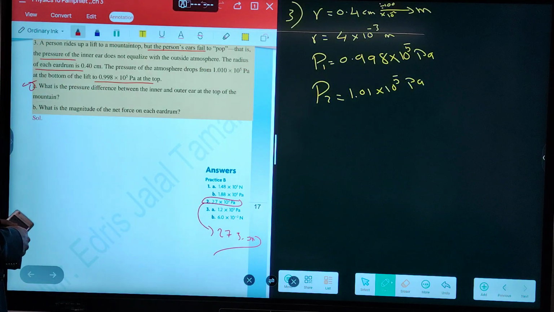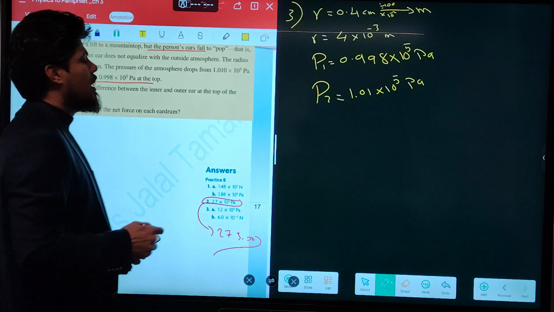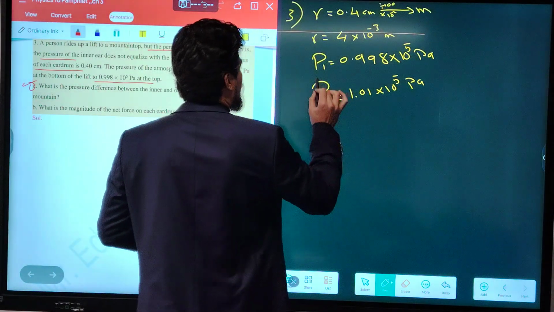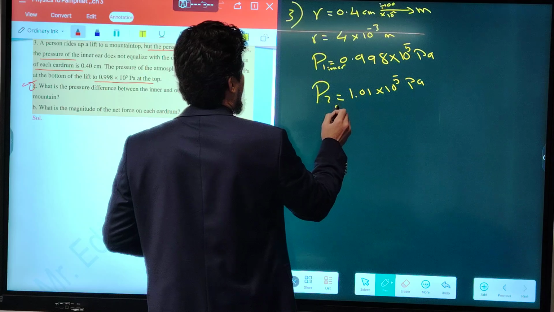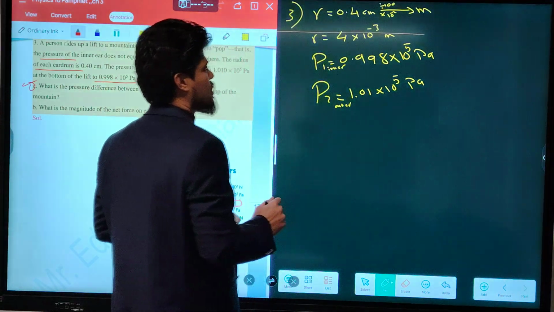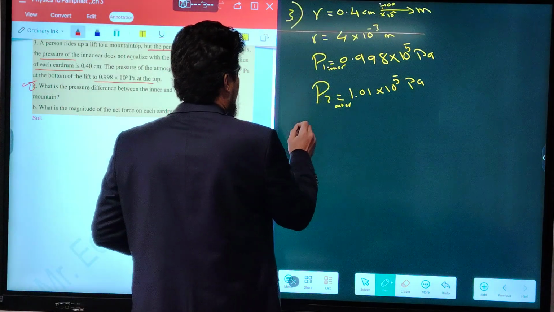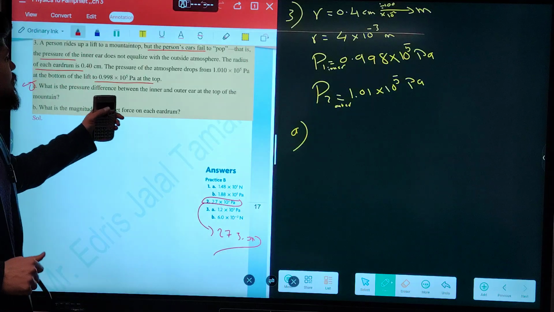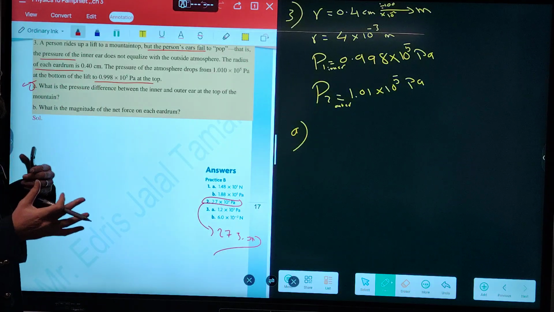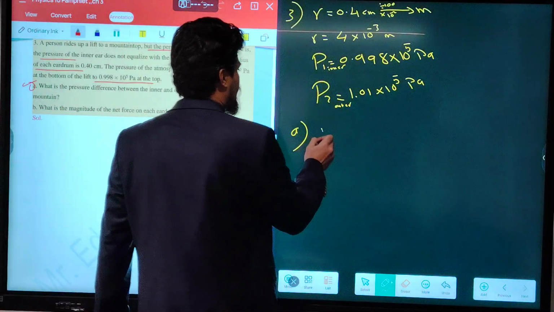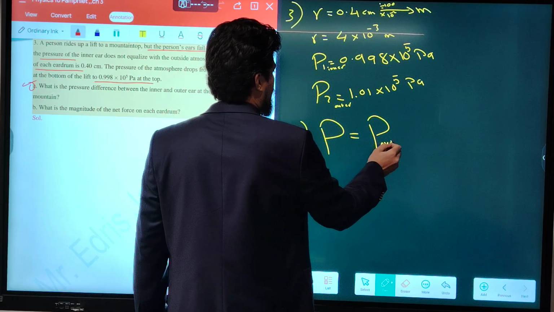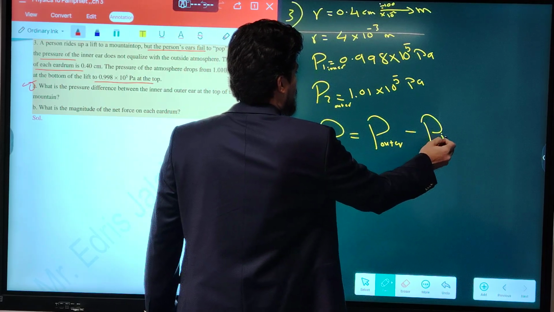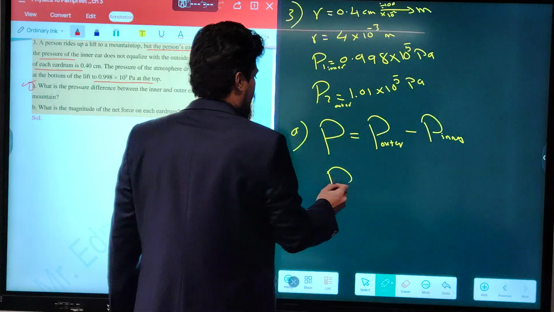A, what is the pressure difference between the inner and the outer ear at the top of the mountain? To determine the pressure difference between the inner and outer, we have to find the difference in pressure: P outer minus P inner.